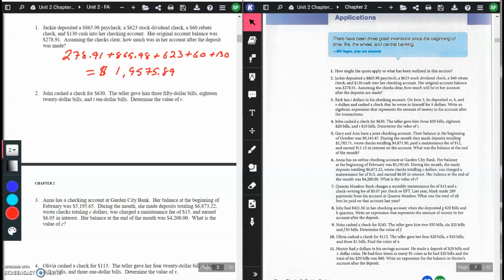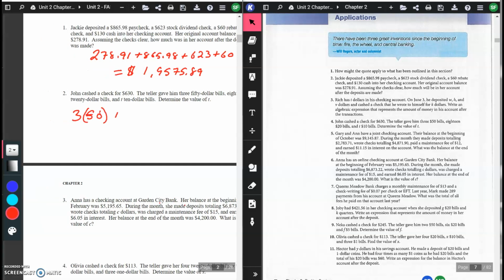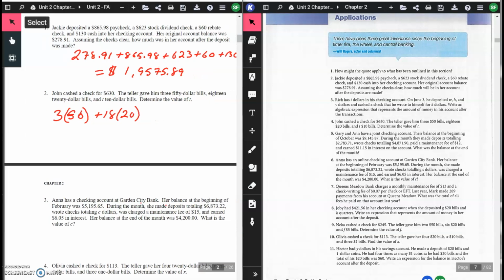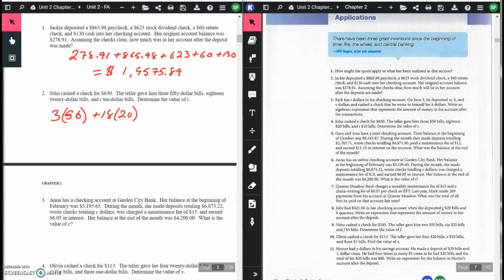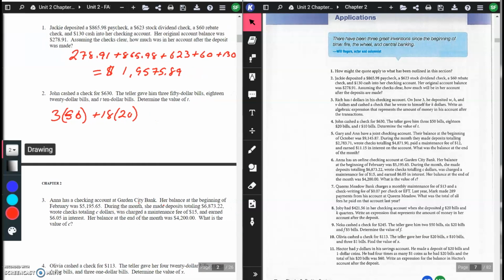John cashed a check for $630. The teller gave him 3 $50 bills, 18 $20 bills, and T $10 bills. Determine the value of T. So we have 3 $50 bills, so 3 times 50, plus 18 $20 bills, and now we're trying to figure out how many tens.